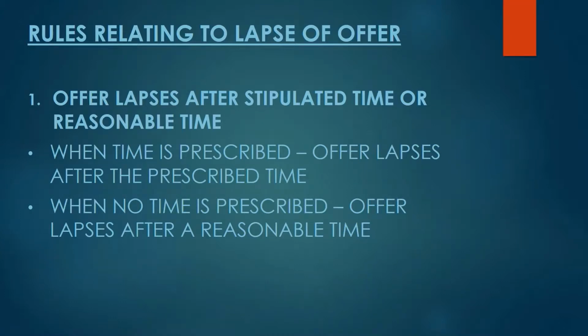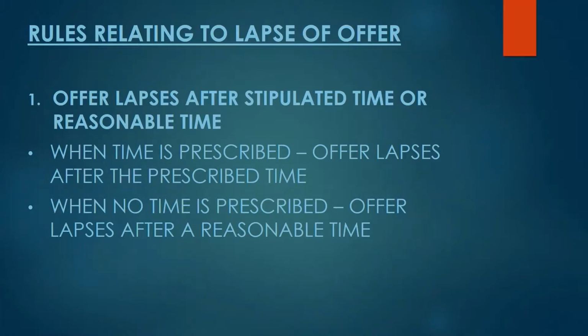For example, Mr. A offers to Mr. B to sell his watch for rupees 500, and if Mr. B is interested, he must give his acceptance within 7 days. Now Mr. B does not respond within 7 days. In this case, the offer lapses. Here Mr. B cannot give his acceptance on the 8th day because the offer is no more valid.